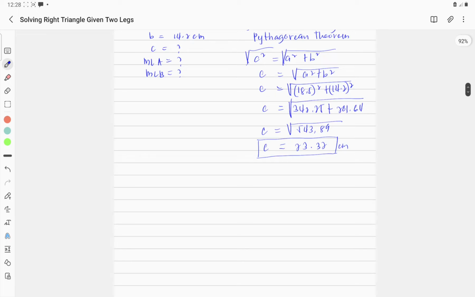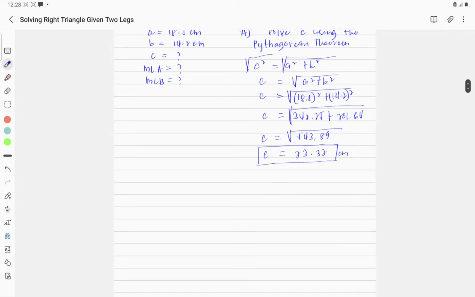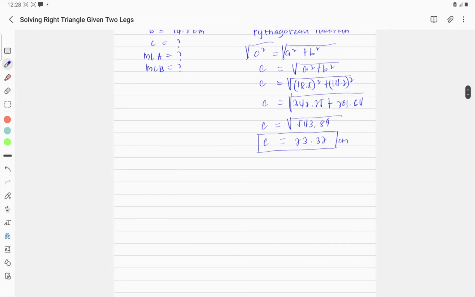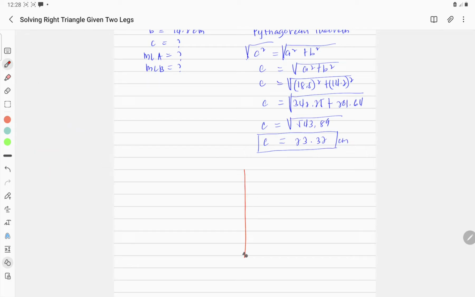In order for you to visualize, the next step is to draw the right triangle containing these measures. So the triangle looks like this.